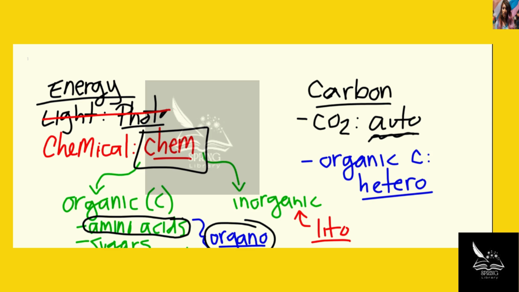I just realized I missed the O up here. But what we're not told is its carbon source, so we don't know if it's a chemoorganoautotroph or a chemoorganoheterotroph. We just know that it's a chemoorganotroph, and that is enough to answer this question. So you'll see that the answer then is B.